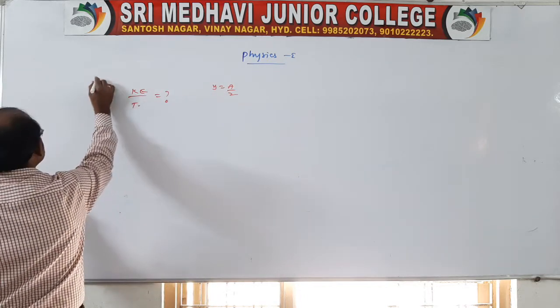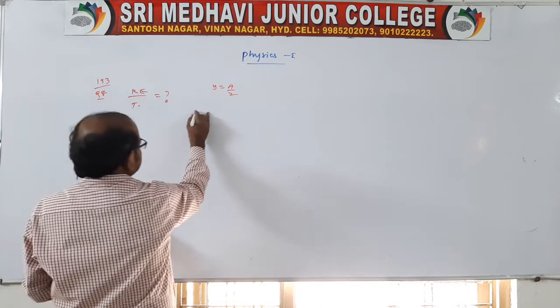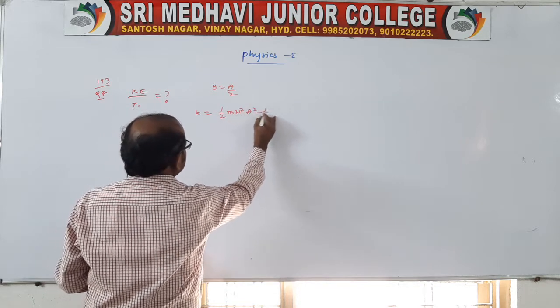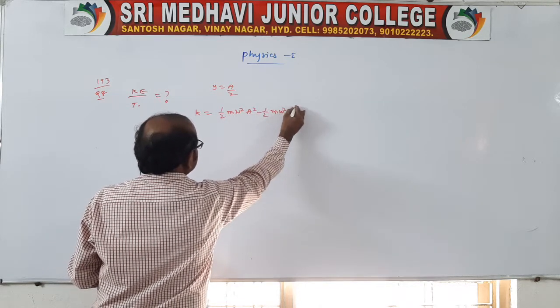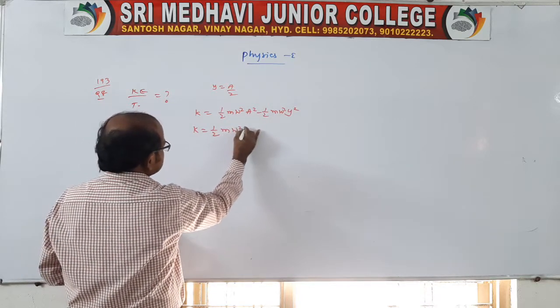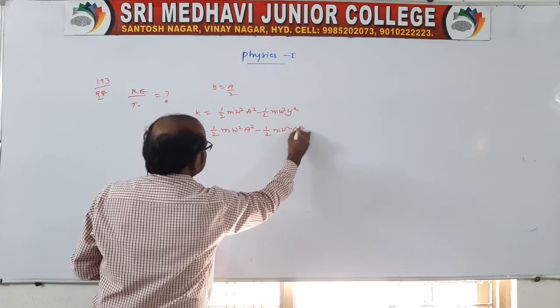So the question is on page number 193, question number 8. We know kinetic energy is half m omega square a square minus 1 by 2 m omega square y square. Just write here: 1 by 2 m omega square a square minus 1 by 2 m omega square into a by 2 whole square.